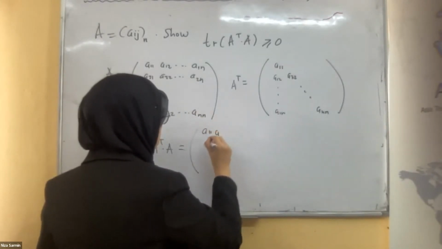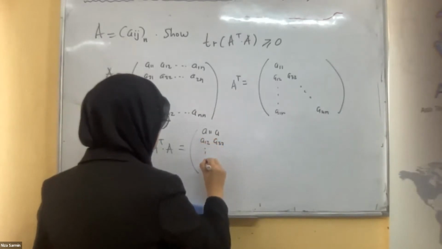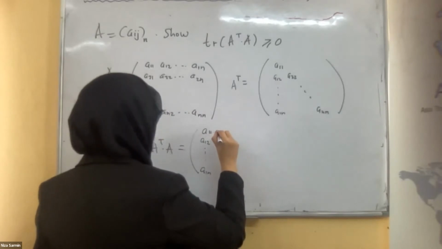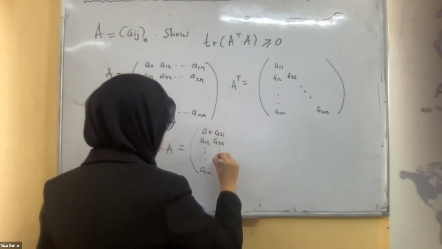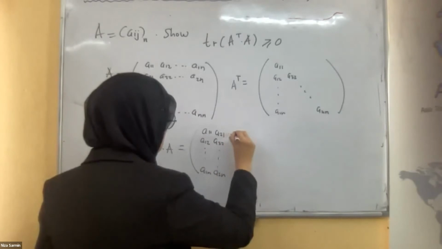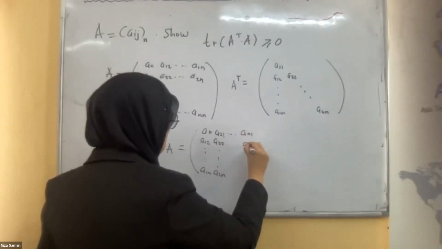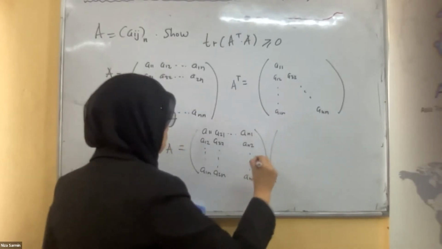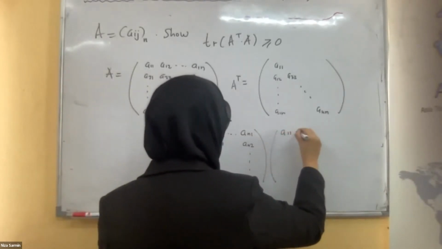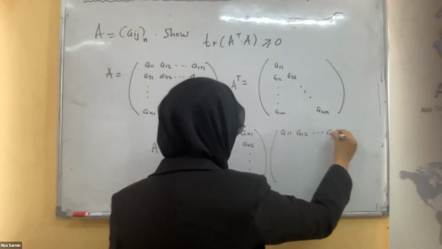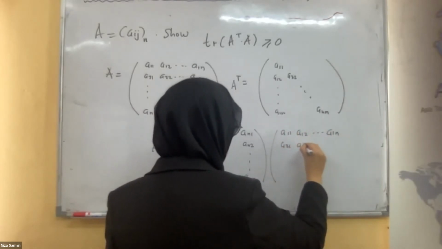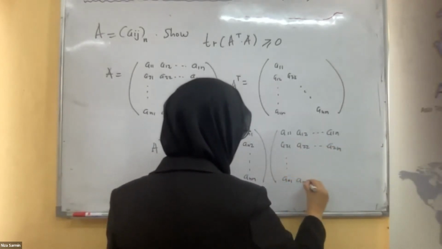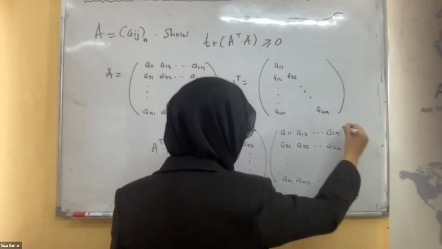Let me try to write all first. A11, A12, A1N, A21, A22, A2N, AN1, AN2, ANN.